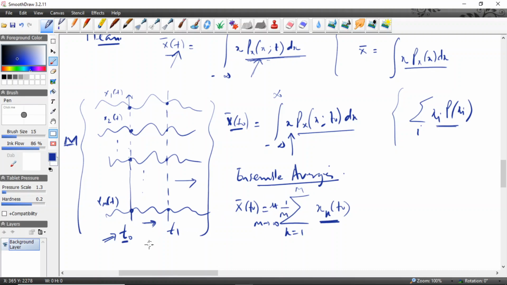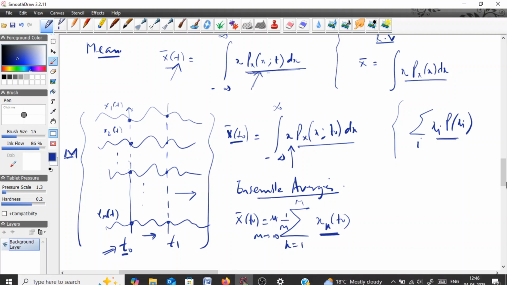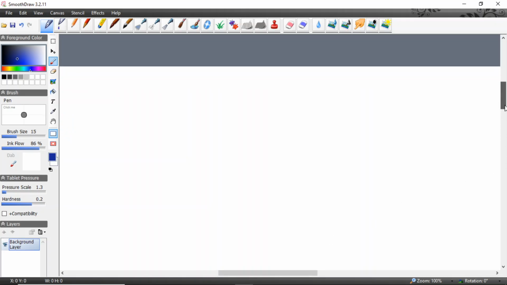That will give me the mean value of this random process at time t naught. This is what we call ensemble averages, and the ensemble averages can be used to compute the mean if you don't exactly know the PDF of the random process at each particular time. And then we have another important statistical parameter which we call the autocorrelation function.